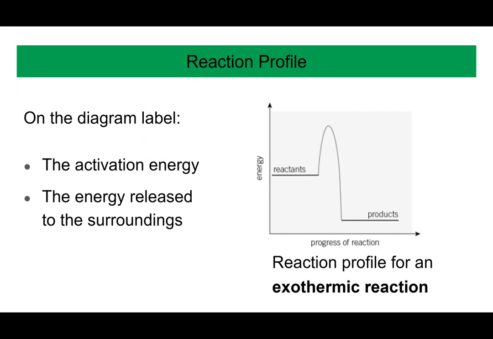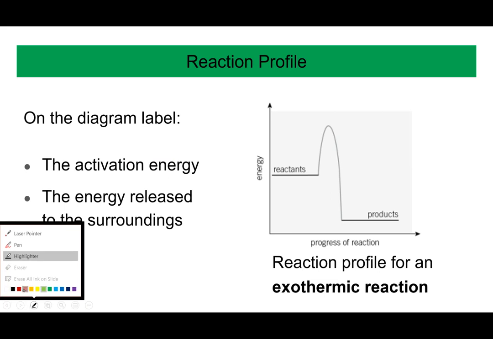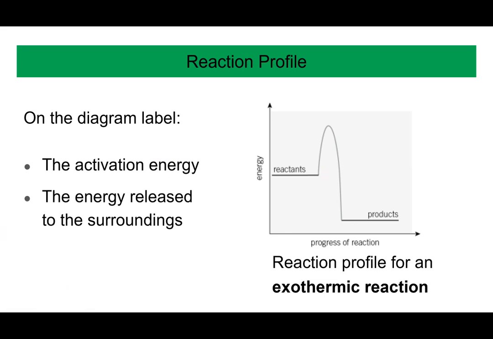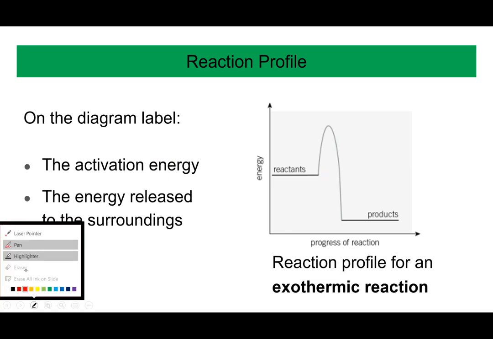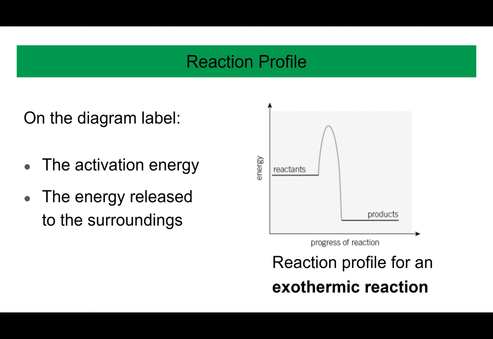And we can represent this on our reaction profile. On our reaction profile, the activation energy is represented by the distance from the reactant line to the top of this curve. This is the activation energy.